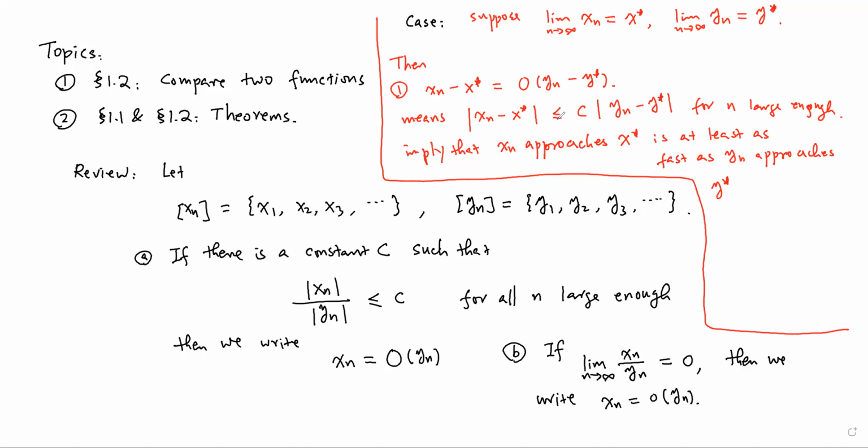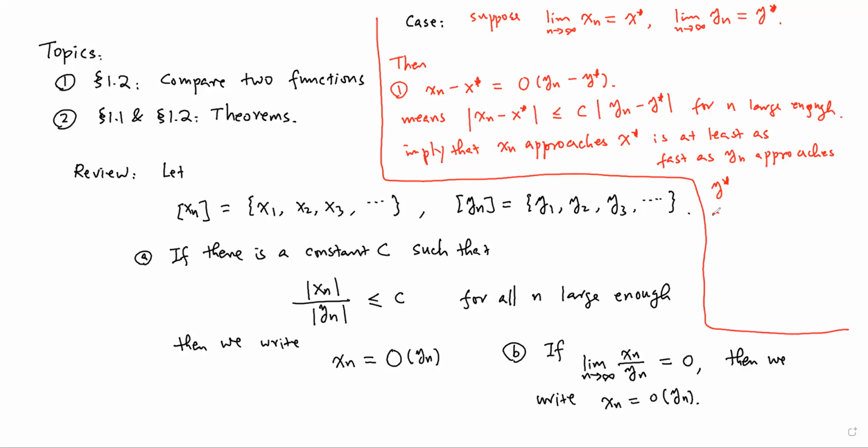If this inequality is true, then the convergence speed of xn is at least the convergence speed of yn. This is big O.